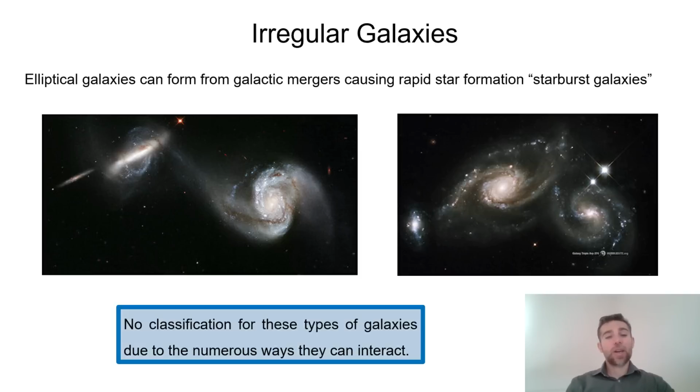So elliptical galaxies, they can form from mergers of other spirals or smaller elliptical galaxies, and in the process of that you then get these starburst galaxies or irregular galaxies. As they are merging, they have irregular shapes. They don't have a set shape, so they're just known as irregular. But because they have gas in it, if it's a spiral galaxy, that will drive massive amounts of star formation, which collapses the gas, and they can be called starburst galaxies.